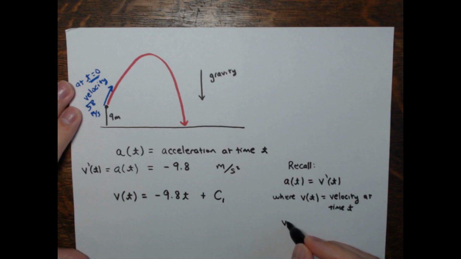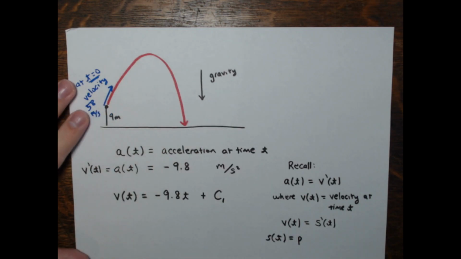And also, the velocity at time t, remember, that was the derivative of your position at time t, so s prime, where s of t represents the position. Position here is going to be height off the ground.